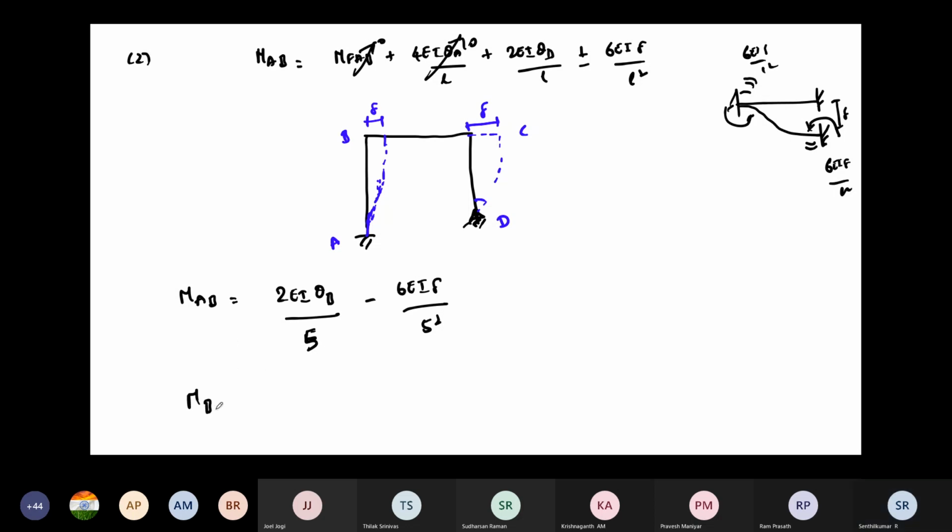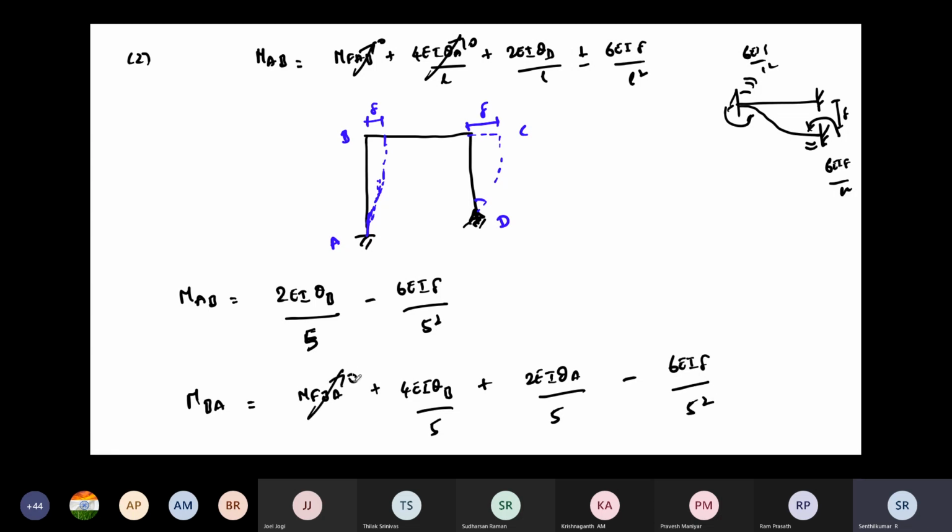Then MBA: MFBA plus 4EI theta B by L, which I can write as 5, then 2EI theta A by L, then minus again 6EI delta by L square. MFBA is 0, theta A is 0.